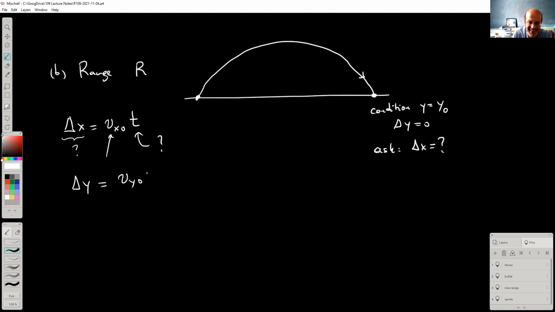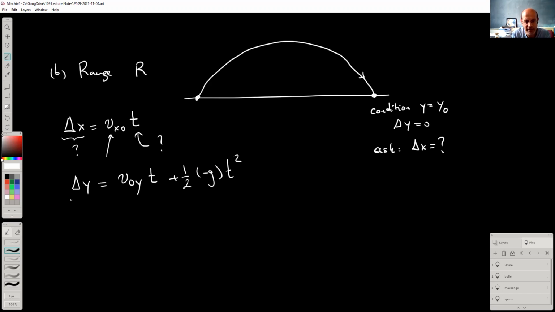The velocity is v0, the y component of v0, minus g times t squared. Sometimes I write this equation with a delta y, in which case there is no constant, or I write y is equal to y0 plus something. Either way, since I didn't set y0 to be anything, I need to compute the displacement.